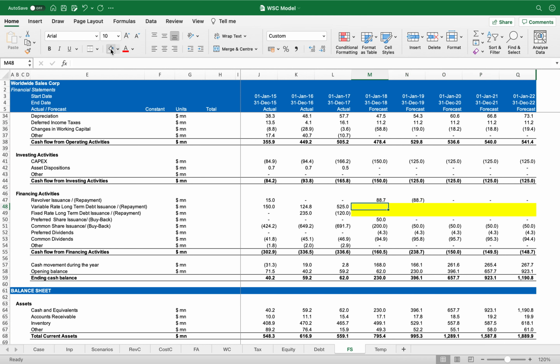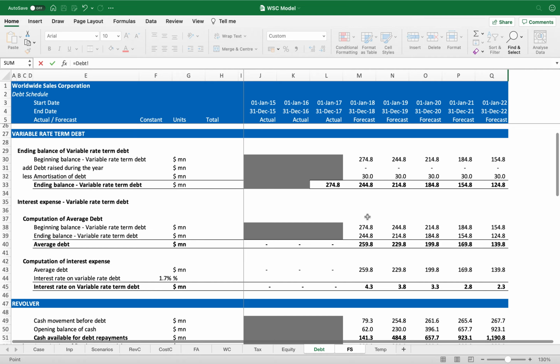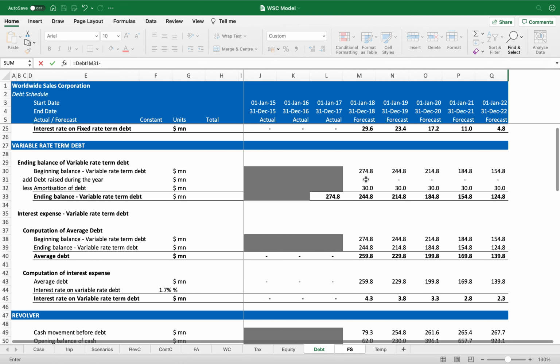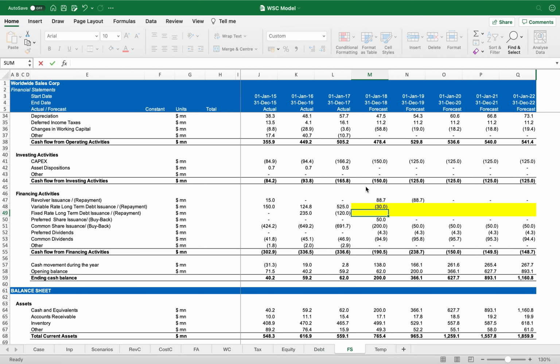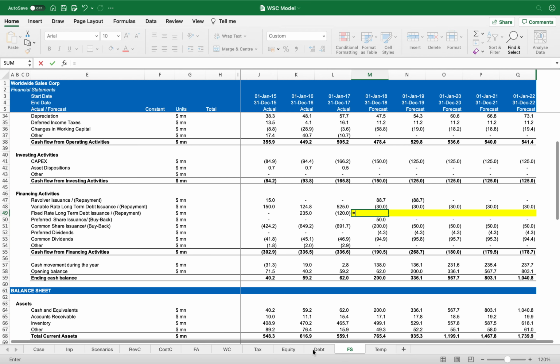Fair enough. Then variable rate long-term debt. Again, same thing. Again, the same thing. You have debt raised minus amortization. Now, for the fixed rate term debt, again, same thing.